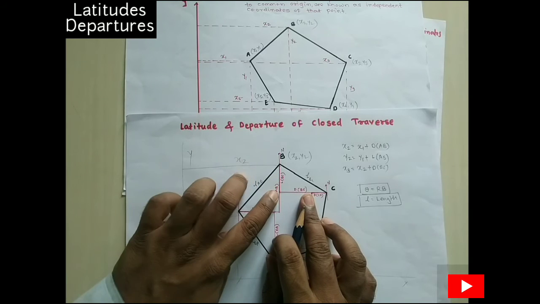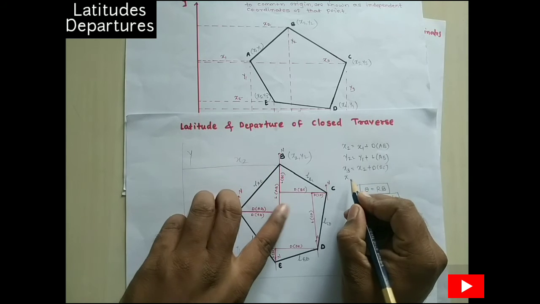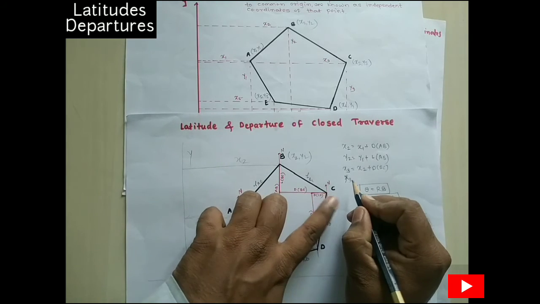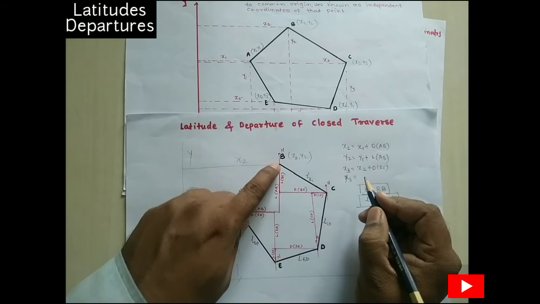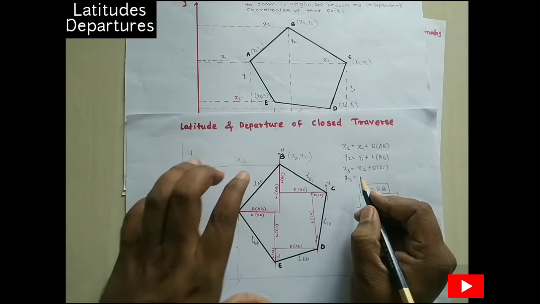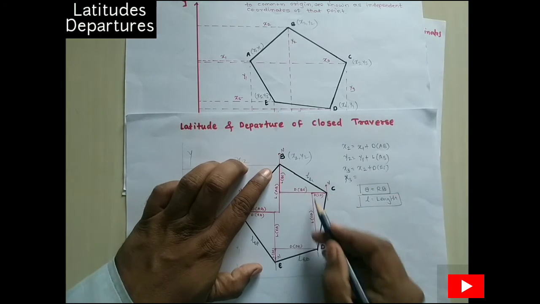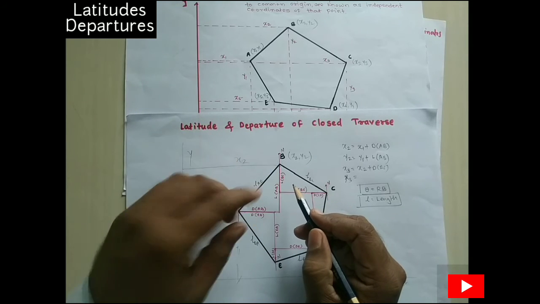Then what about y3? If I want the value of y3 for C, then you just have to reduce this value. So you have to observe from this figure whether we need to use a positive value or a negative value.